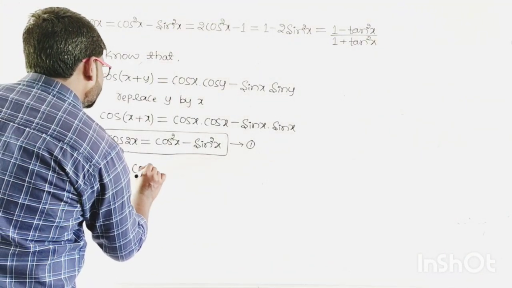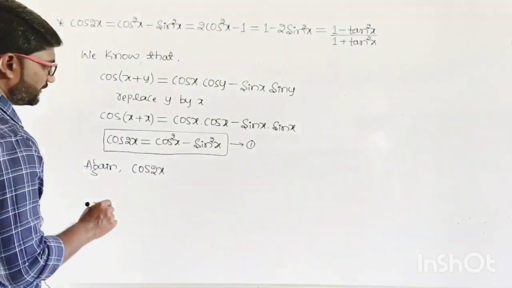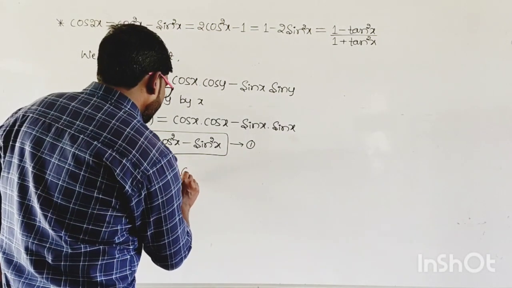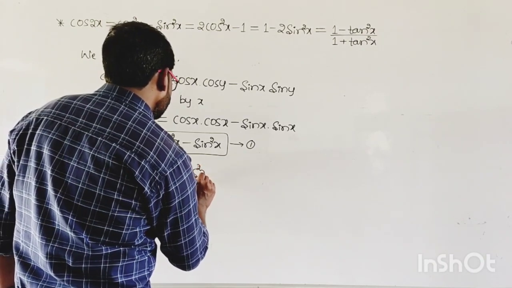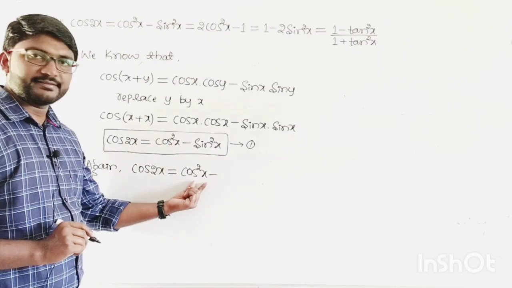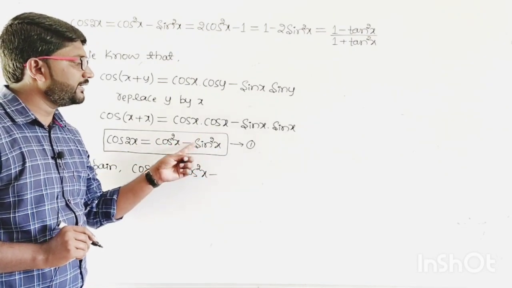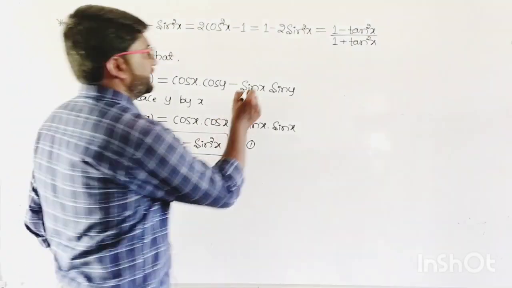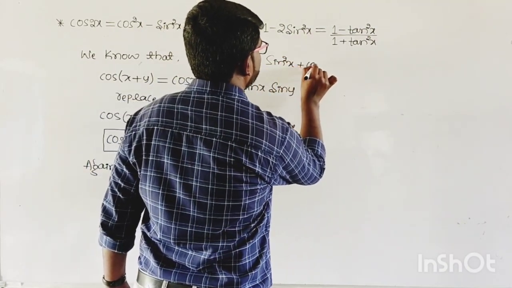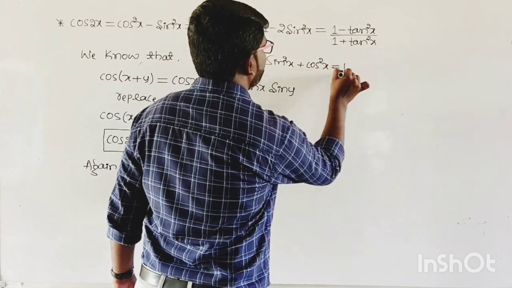cos 2x which is equals to, so here cos square x minus, I have written this as it is, cos square x minus sin square x can be written as, see here, sin square x plus cos square x is 1.